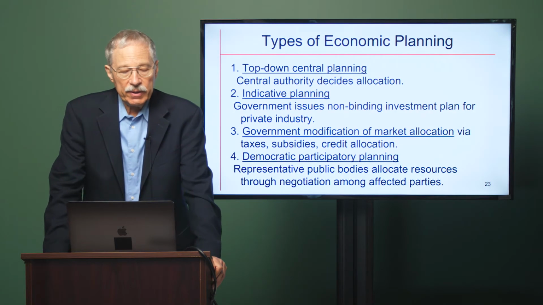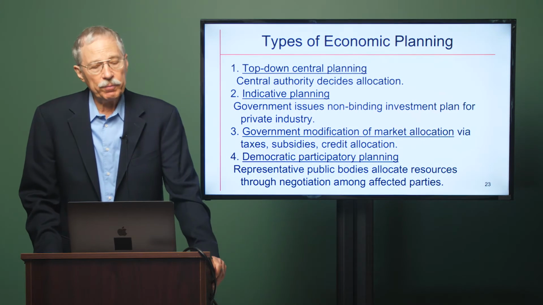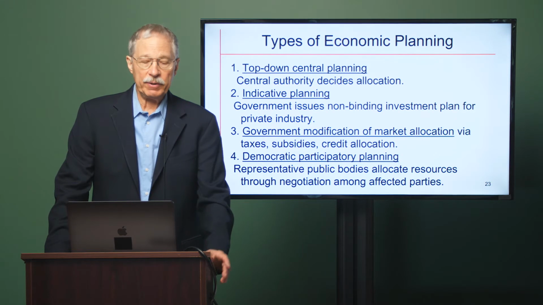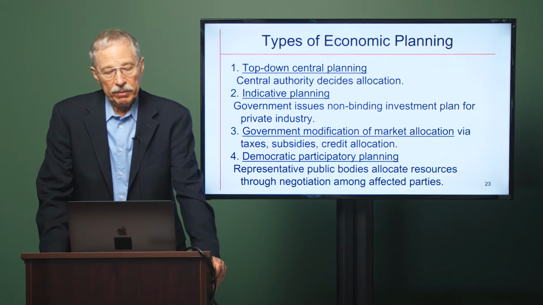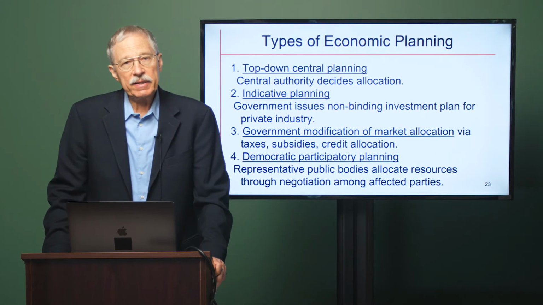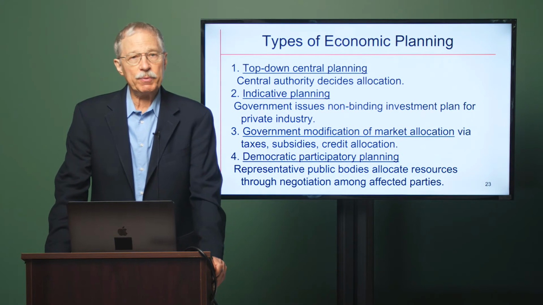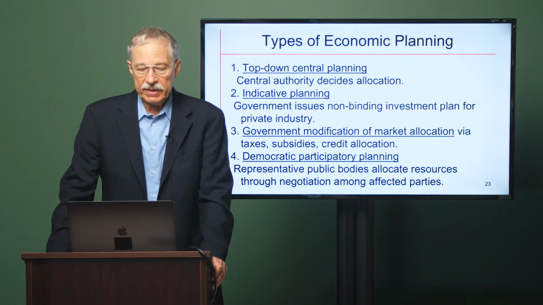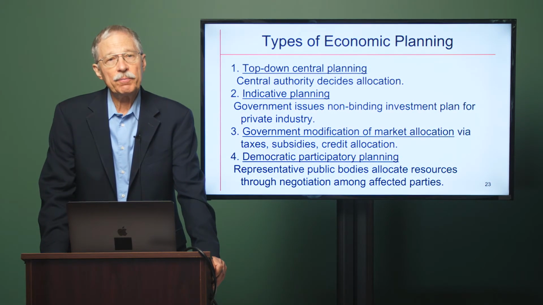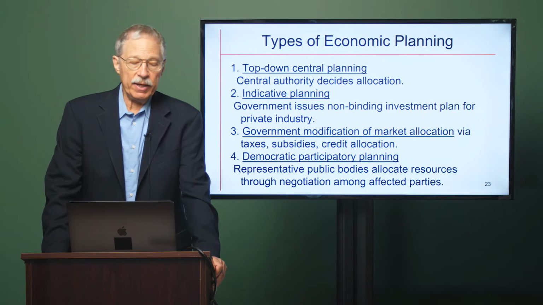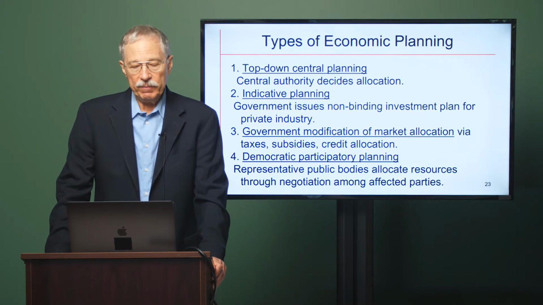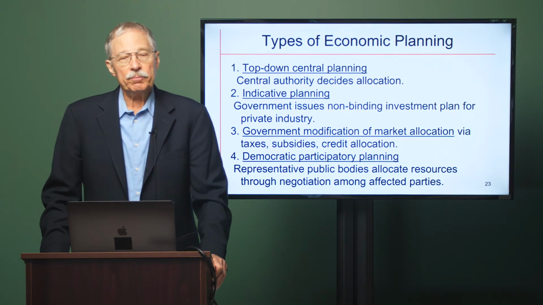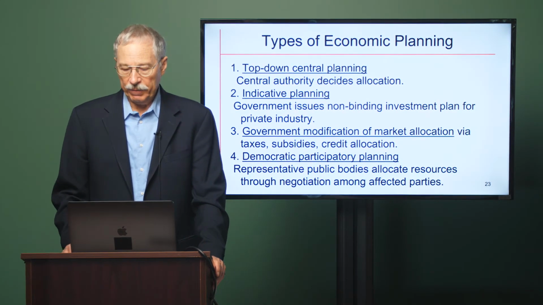Fourth, there is a more comprehensive form of planning in the way top-down central planning was in some countries, but it is one that has not existed in any large-scale country yet, but has been proposed, known as democratic participatory planning. In that system, representative public boards would allocate resources through negotiation among affected parties instead of prices and profits doing the job.